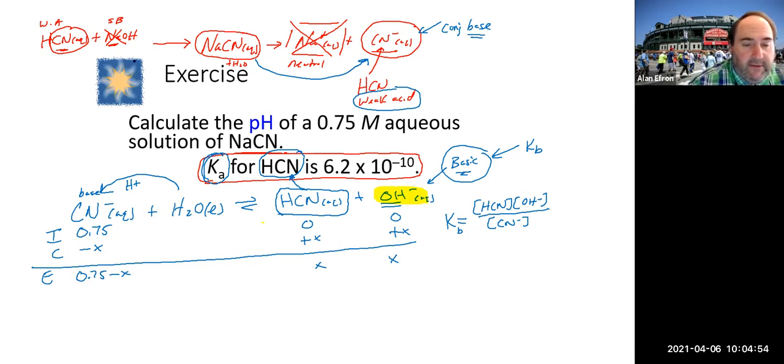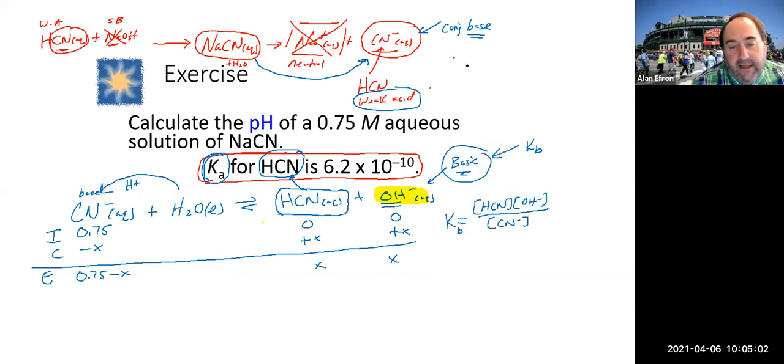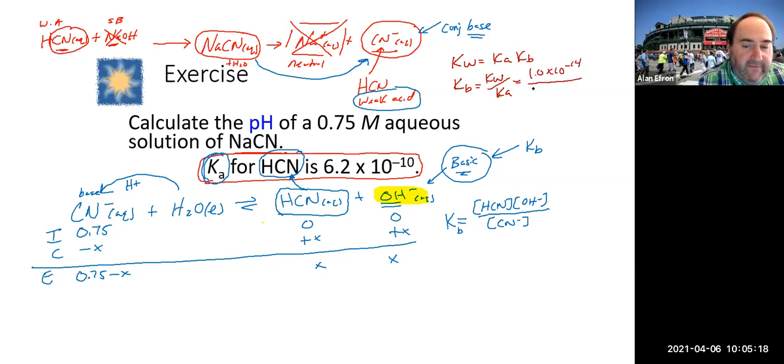So that means we do need to use that little formula, the equation that we talked about the other day as well, which allows us to go from one to the other, and that is Kw. So if we need the Kb in this case, it would be the Kw value divided by the Ka, and that would be 1 times 10 to the minus 14, which is Kw's value, divided by 6.2 times 10 to the minus 10.